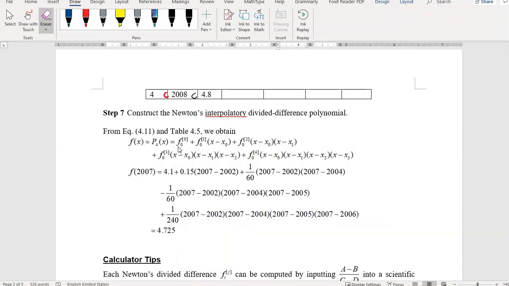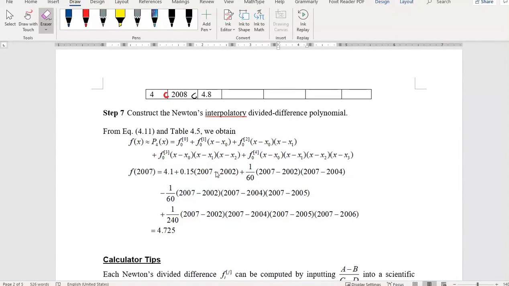P4x equals F naught, the 0 divided difference, plus F01 times x minus x naught, plus F02 times x minus x naught, x minus x1, plus F03 times x minus x naught, x minus x1, x minus x2, plus F04 times x minus x naught, x minus x1, x minus x2, x minus x3.